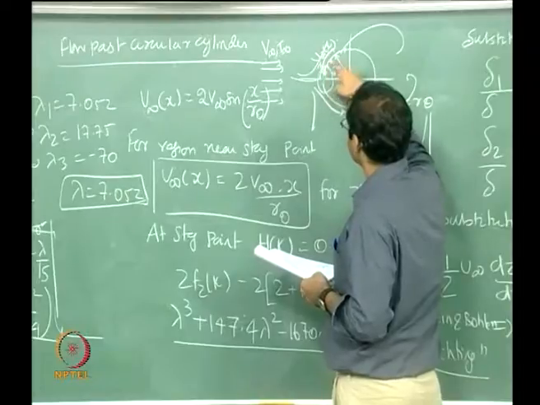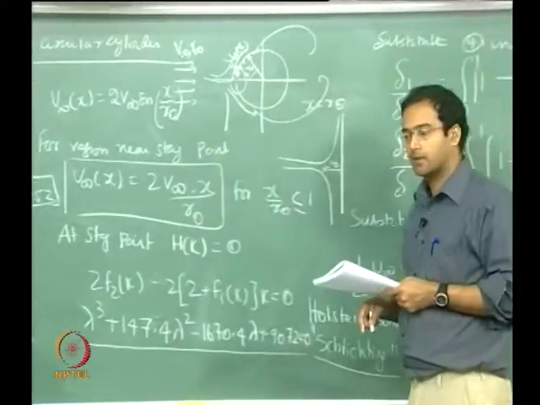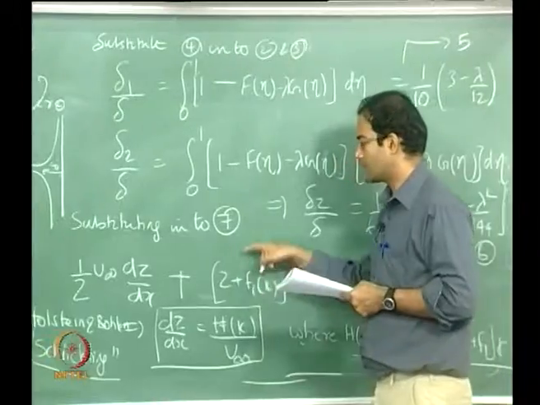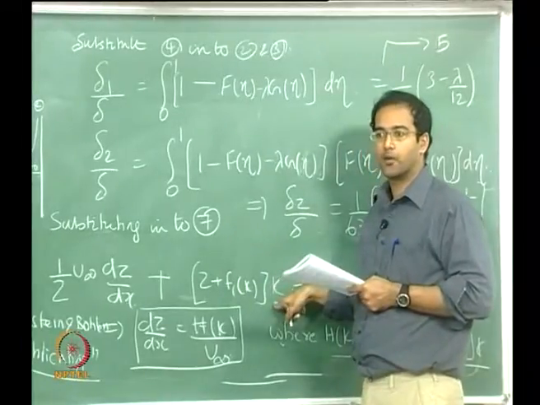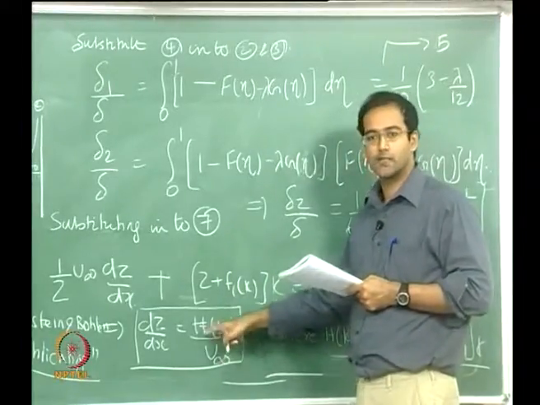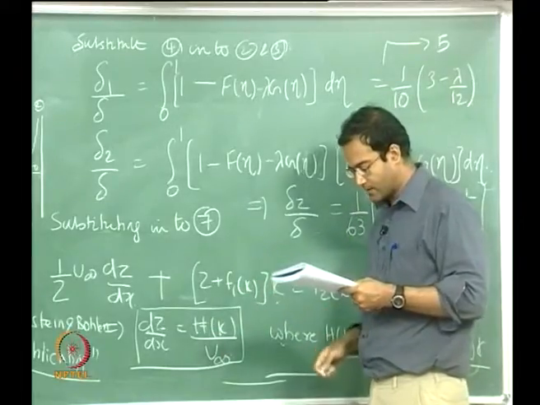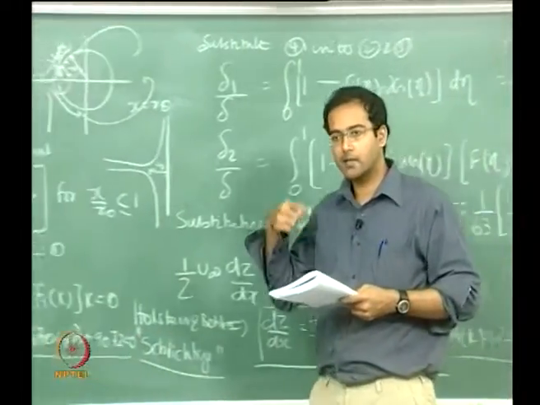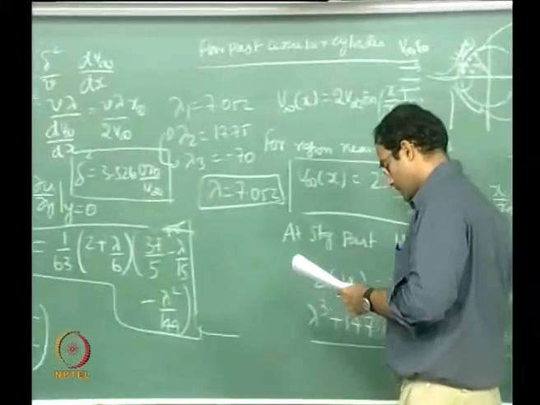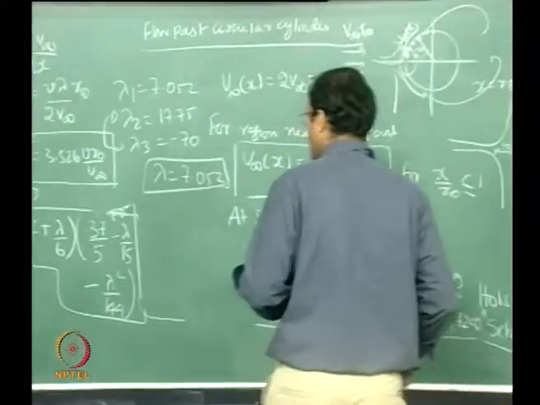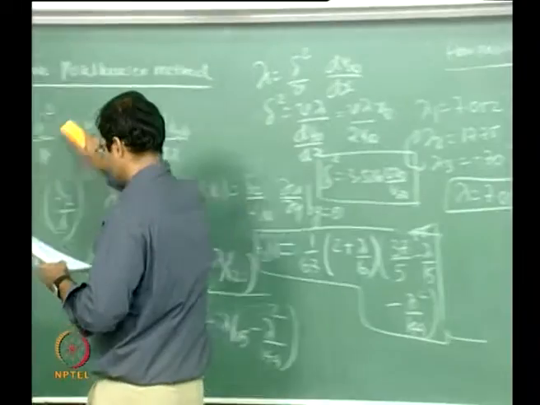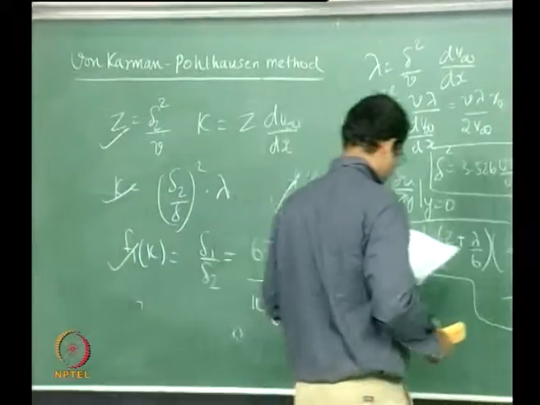For each of these points you can calculate z, and on the right hand side is the value of z, h of k, for the previous point. Every time you calculate z, you have to calculate the new value of lambda. For that we can use the expression z is equal to delta 2 square by nu.